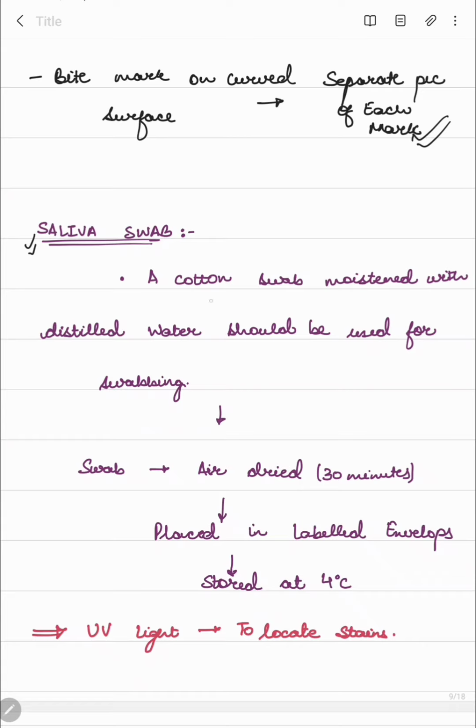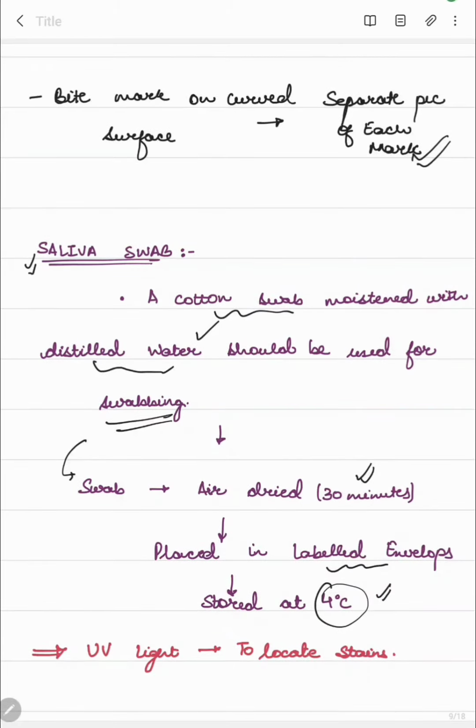So a cotton swab moistened with distilled water is used for swabbing. After that, this swab is air dried for about 30 minutes, and this should be collected in a well labeled envelope and stored at 4 °C to preserve it for a long time, right?